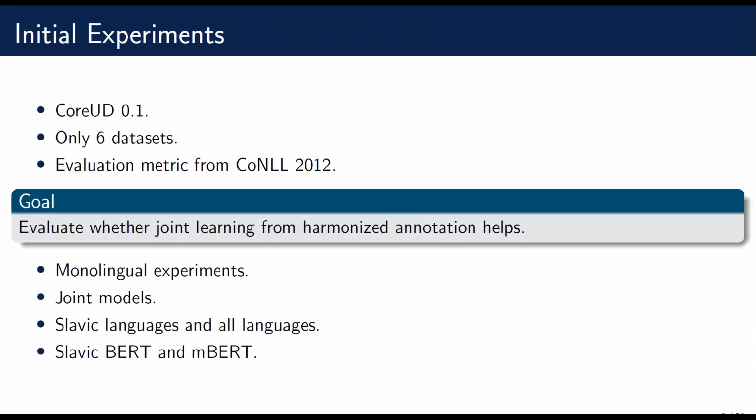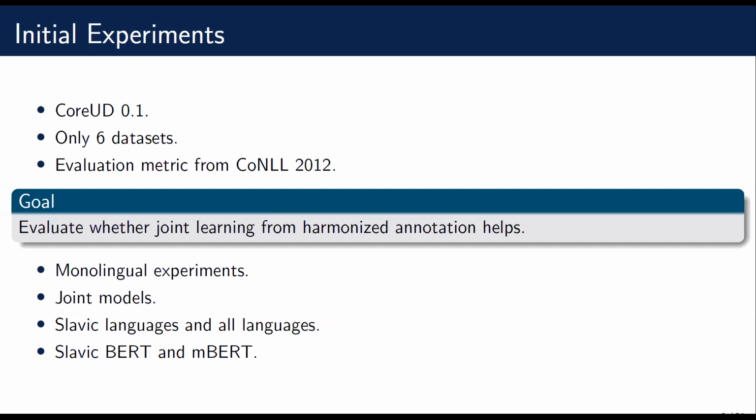So now I'm getting to the results. It's CorefUD 0.1. We selected a subset of only 6 languages, the largest ones. And we use the evaluation metric from the shared task, right? Konopík 2012. Our goal was to find out whether we can join the datasets together and gain some performance or accuracy gains.